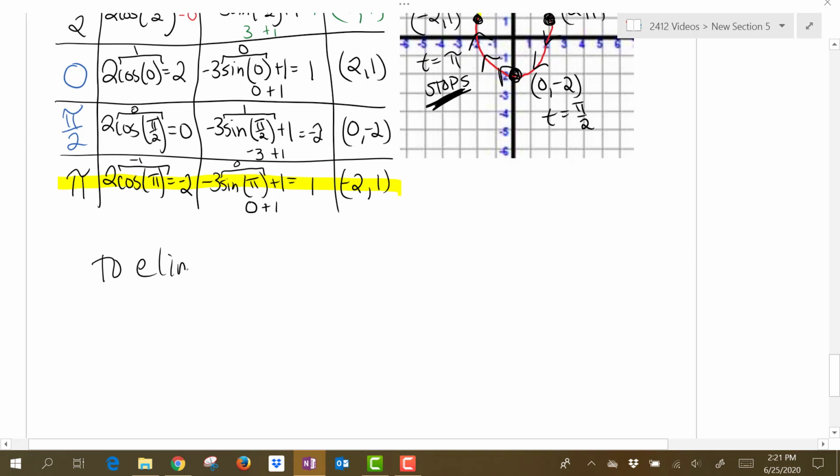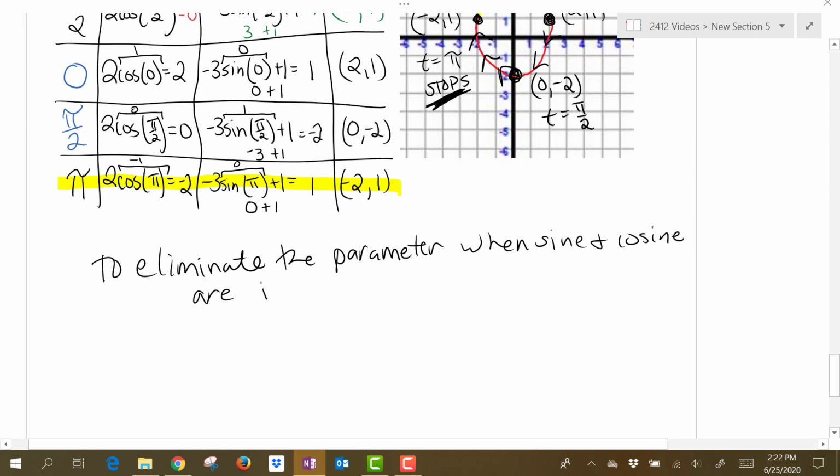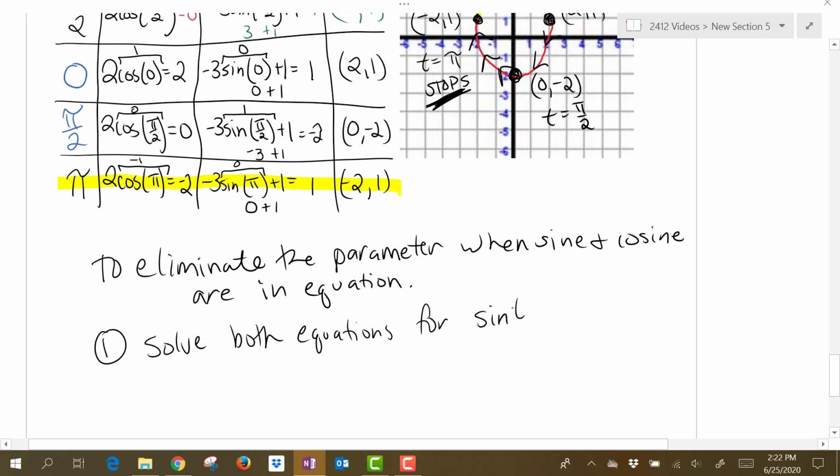Okay, so to eliminate the parameter when sine and cosine are in the equation, what we're going to do is solve both equations for sine t and cosine t.